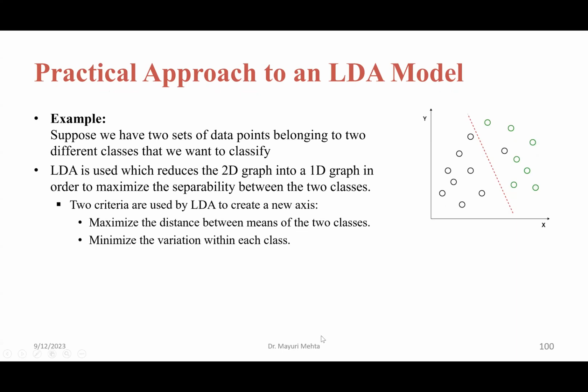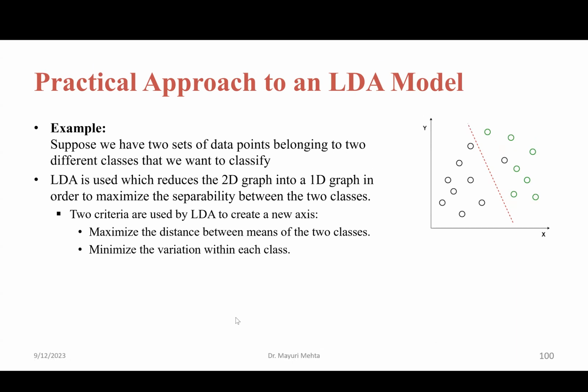Okay, so how can we do this? When we use LDA to reduce the 2D space into 1D space, we have to follow this criteria. LDA uses both the axes here, X and Y, to create a new axis, and it projects data onto a new axis. It is a 2D, so definitely when we project this into a lower dimension, it will be 1D.